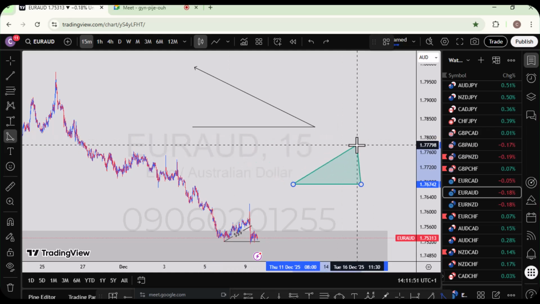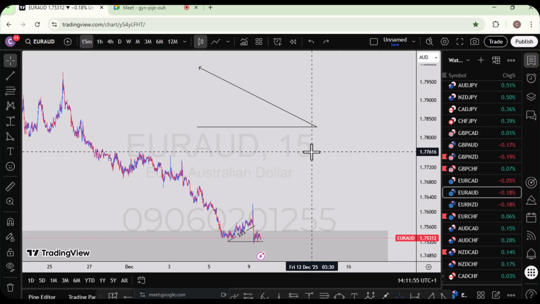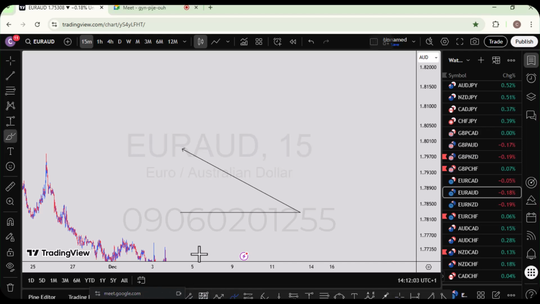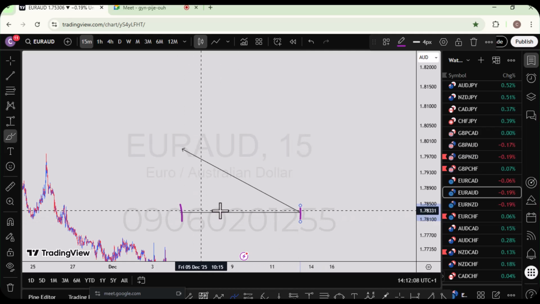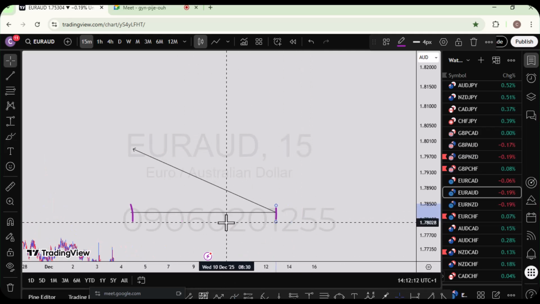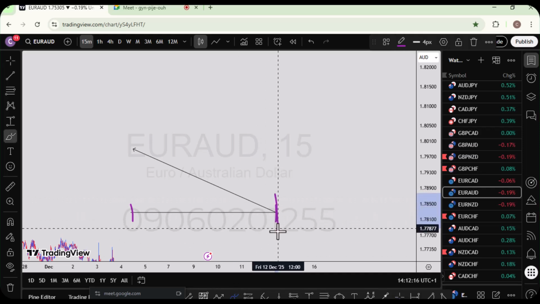This is not the tool right here, but just understand what I'm saying. Based on what we have right here, this line and this line have to be straight. Now, I don't know if you have done this in school.